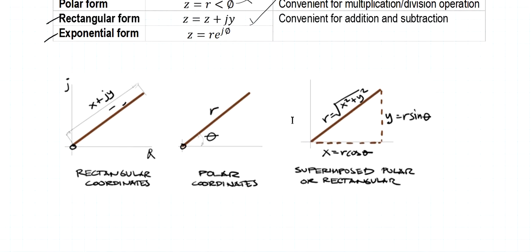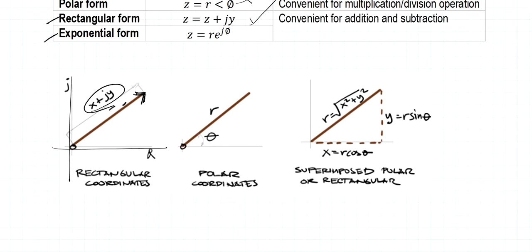So right here we have a rectangular coordinate system, and since it's a complex number, we are in a complex plane. That means the horizontal axis is the real number and the vertical axis is the imaginary number. Here's our phasor, and it is expressed mathematically as x plus jy.